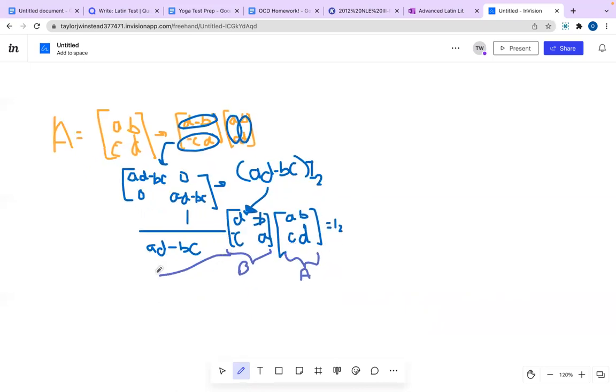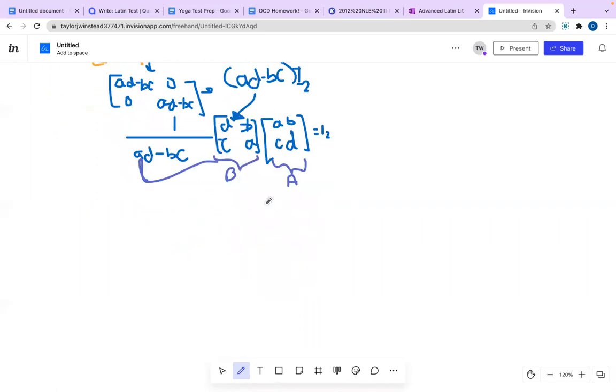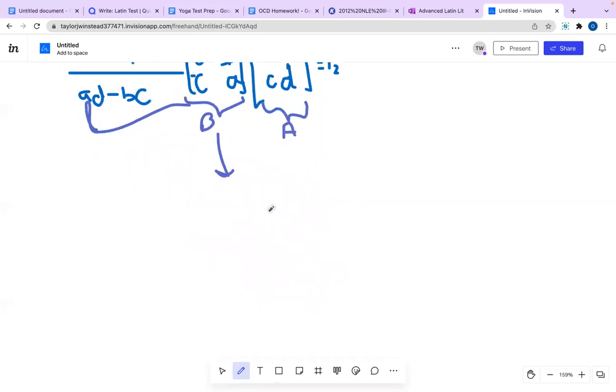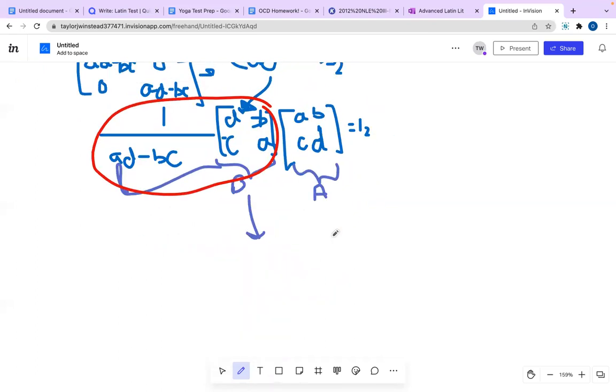And we can say that this whole thing right here is our B and this whole thing right here is our A. Well, if that's true, it's pretty simple to realize that A is invertible, right? Because we've got the identity matrix here, and the inverse is going to be equal to this whole section. That's the inverse of A, right? B has to be the inverse of A to make the identity matrix true, right?